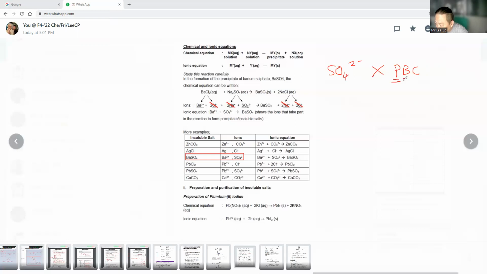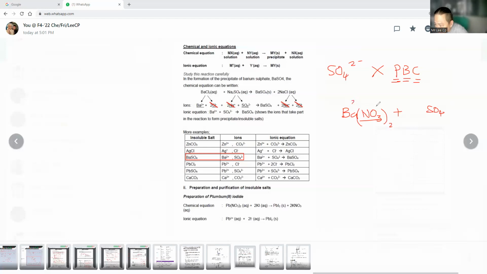Lead, barium, and calcium. These three are not soluble, PbC. So I want to make this one. So what I have is Ba something and something SO4, right? So what barium what? NO3 is the best one.